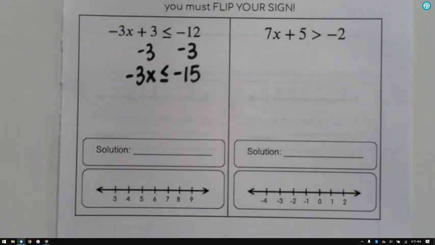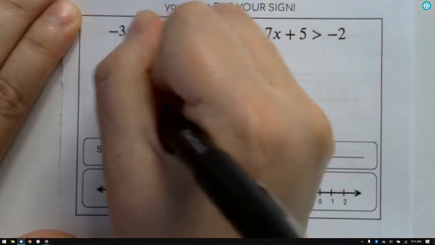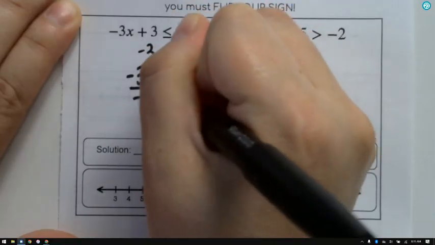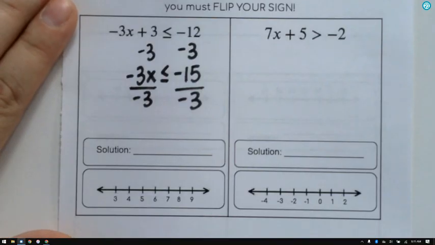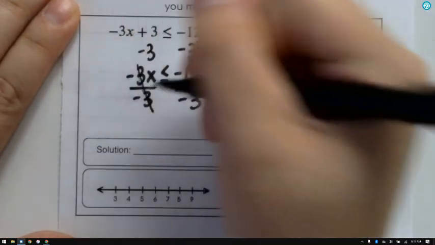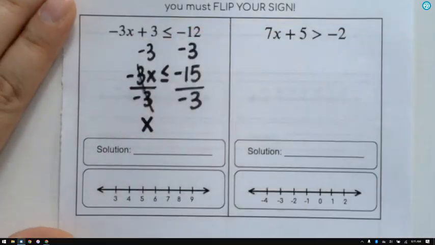Okay, next thing that we need to do is get rid of that negative 3. Negative 3 is being multiplied by x. The opposite of multiplying is dividing, so we are going to divide both sides by negative 3. On the left side, those negative 3's cancel, so we have x.